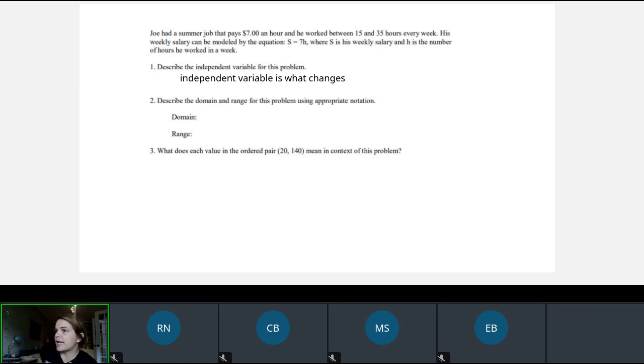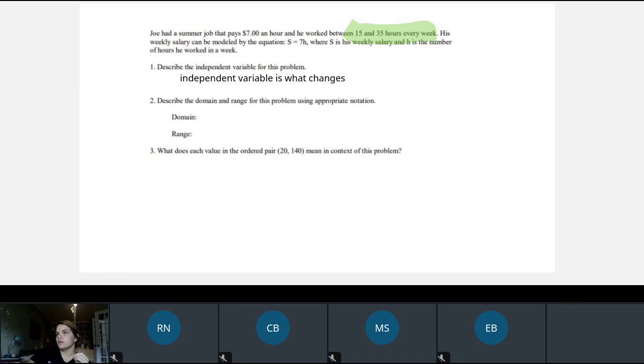Okay, you're going to tell me exactly what the independent variable is. Like, independent variable is ice cream cones or pizzas or whatever. Okay, this says Joe has a summer job that pays $7 an hour. He works between 15 and 35 hours every week. That is what changes, right? The hours he works is what changes.